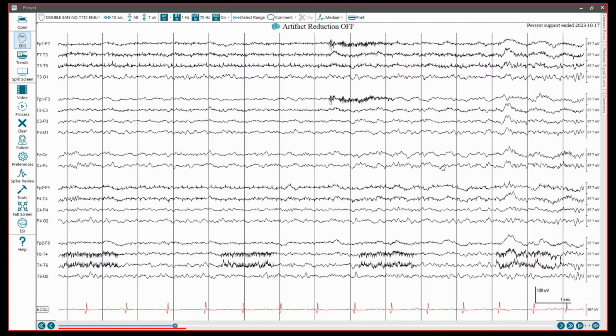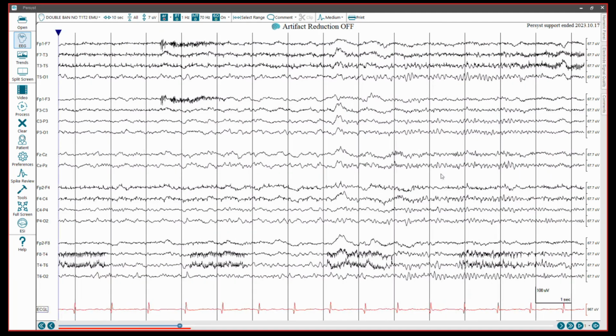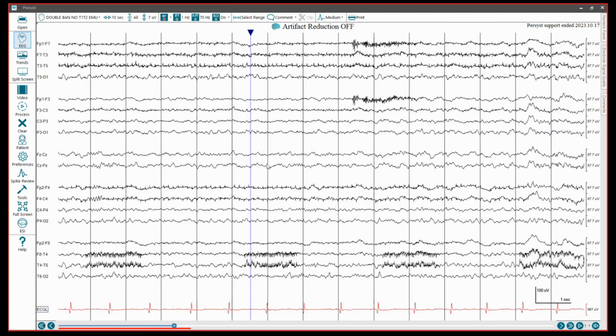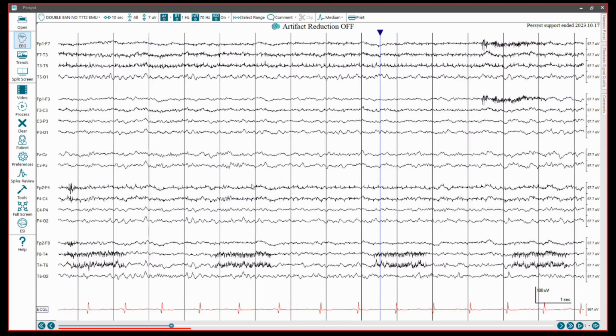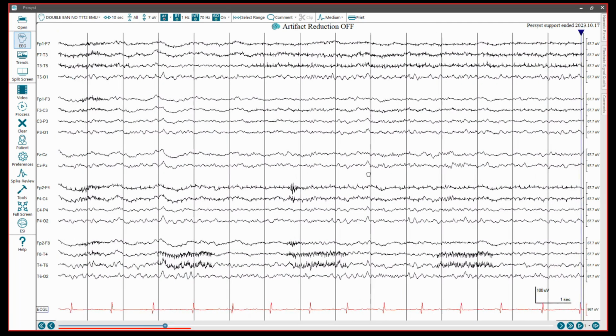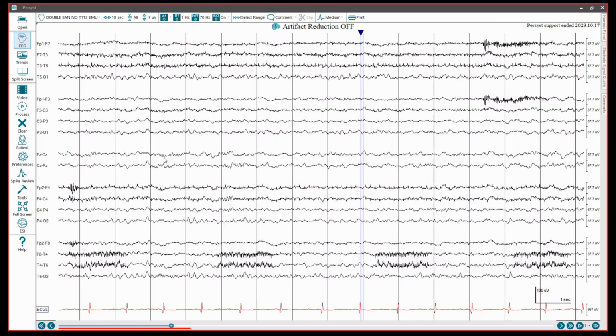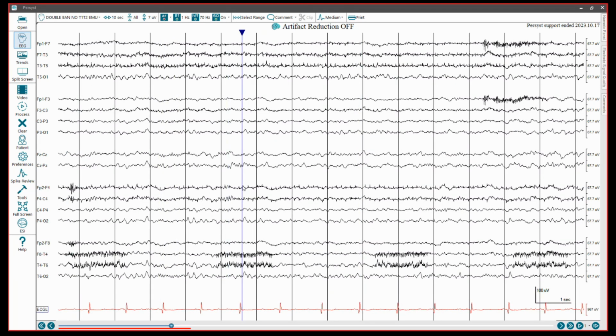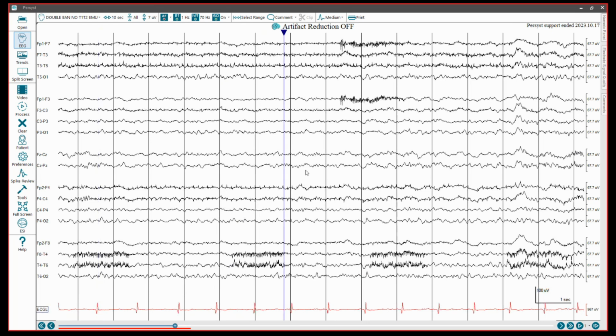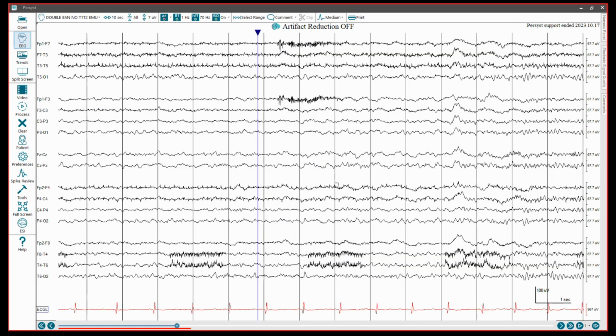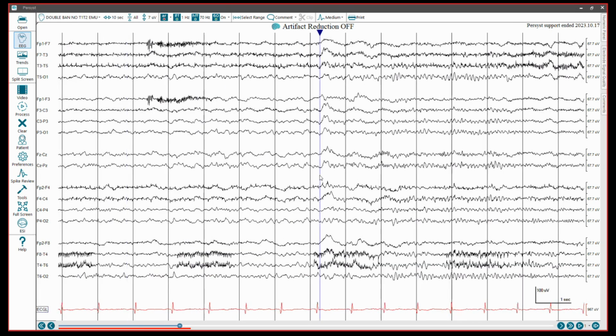We can see some rudimentary sleep spindles in this region right here, in this region right here as well. But notice what happens right there, another K complex. And as I said before, with a K complex, you will often see a following arousal.